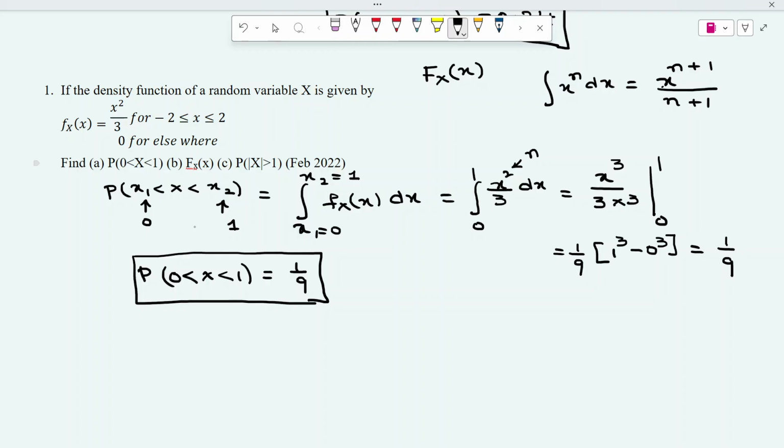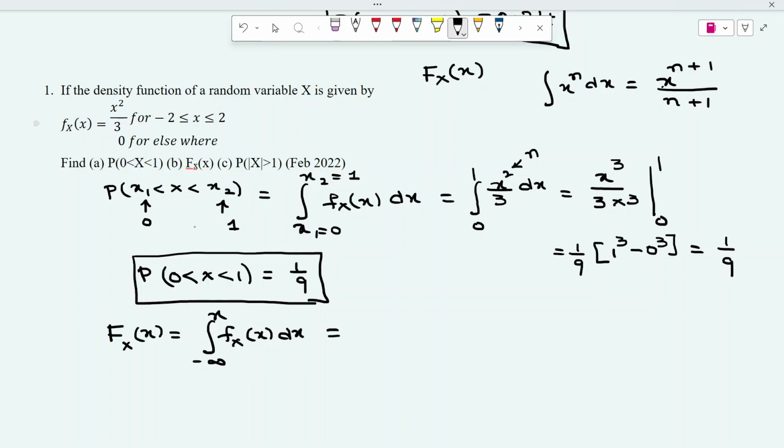Next, we are asked to find the distribution function. What is the relation between distribution function and density function? If we are given the density function, and we integrate it from minus infinity to x, we will get the distribution function.